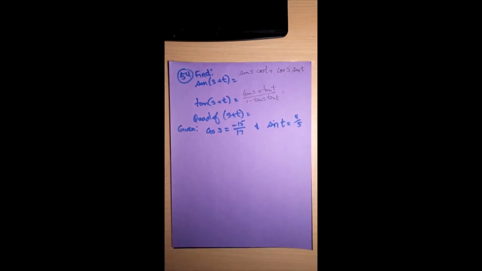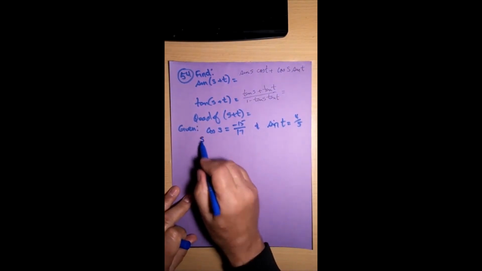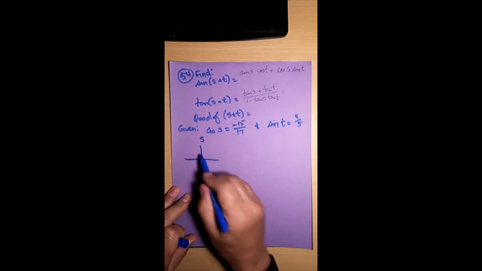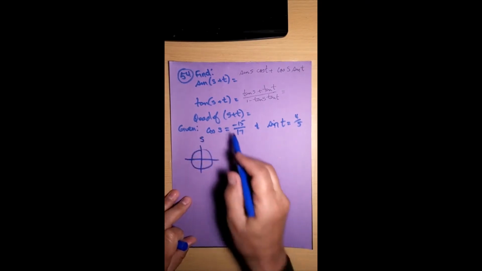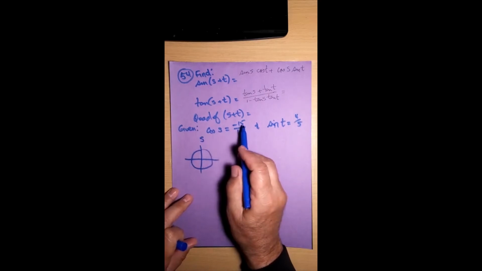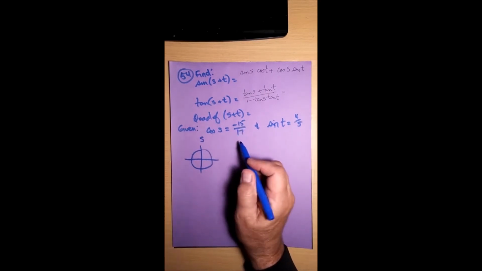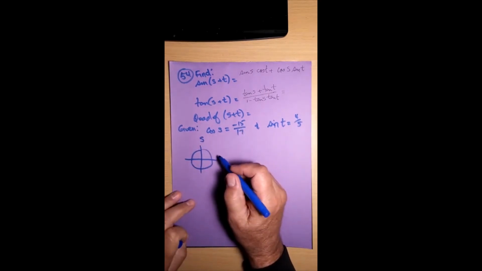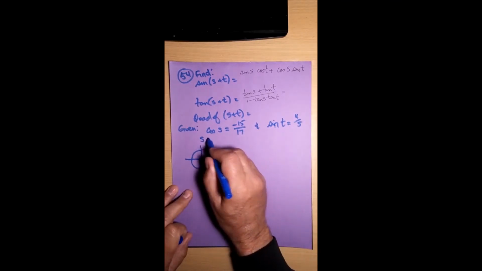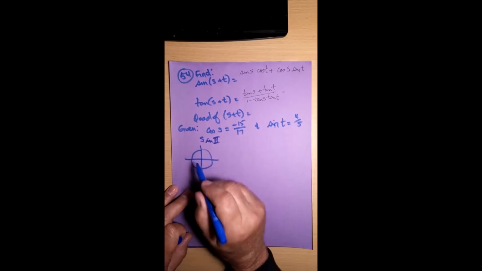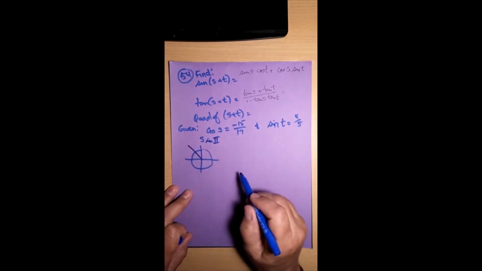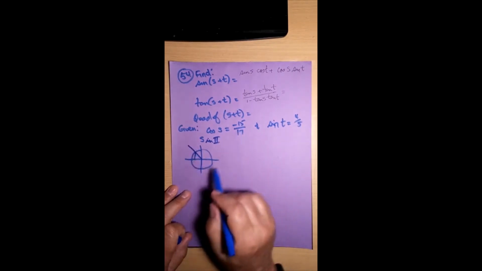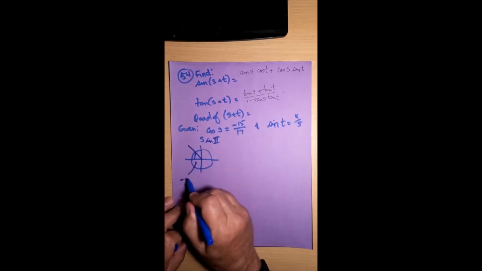So, let's see here. First of all, s needs a bullseye. The cosine is negative, and that was given, so we're in quadrant 2. So the negative 15 is right here.